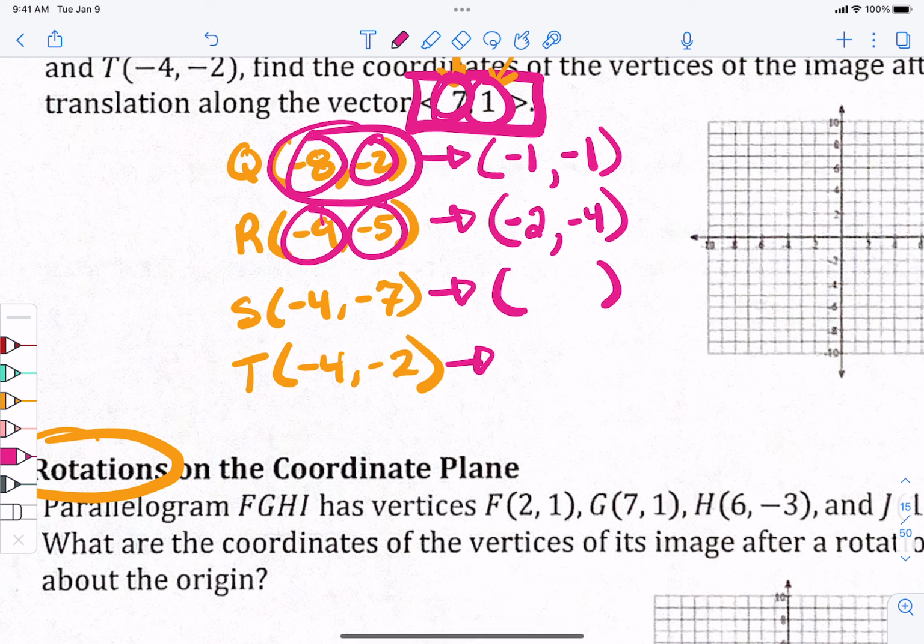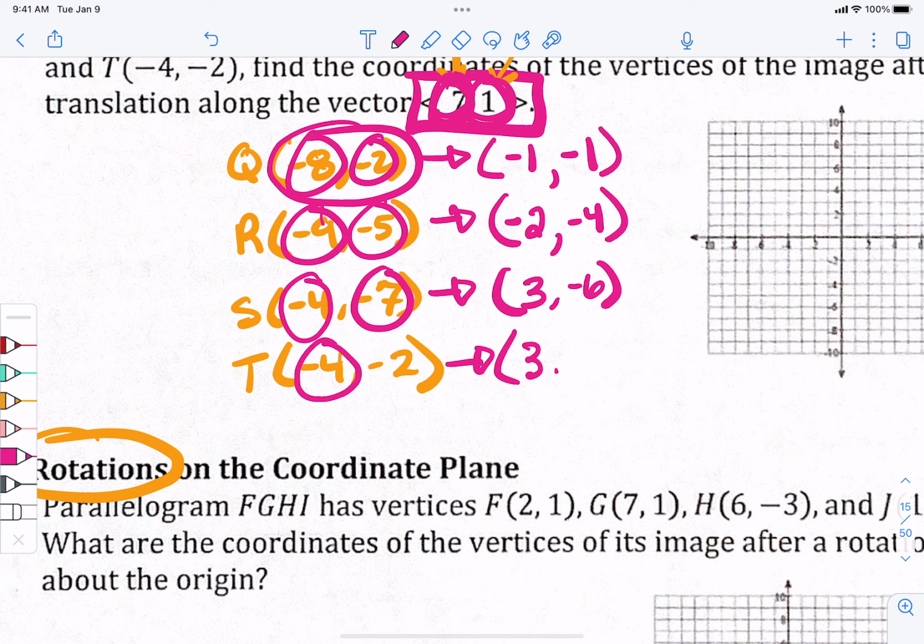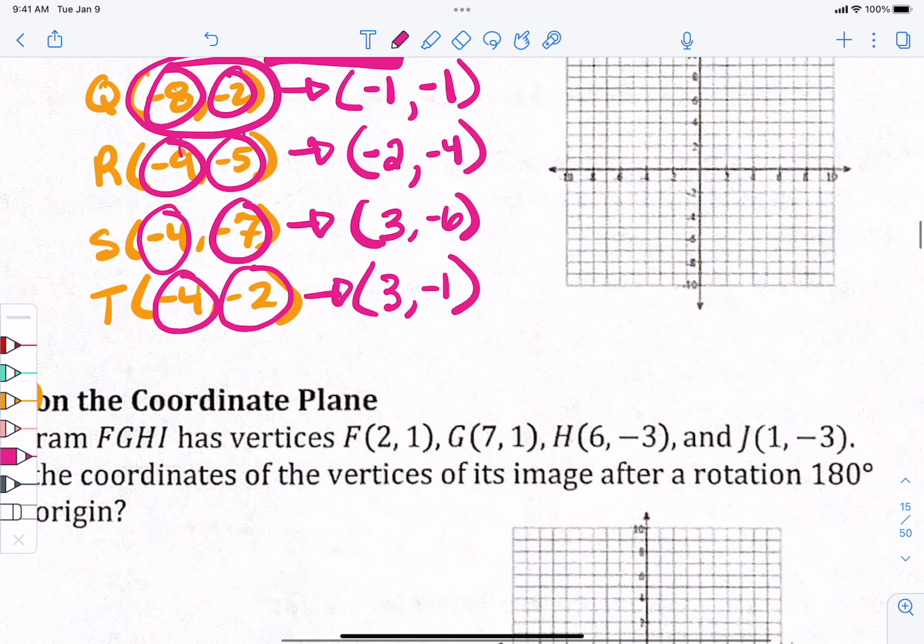Then I get my next point. -4 plus 7 is 3. -7 plus 1 is -6. -4 plus 7 again, 3. And -2 plus 1 is -1. So I have my new coordinates. That is pretty easy. Very nice.